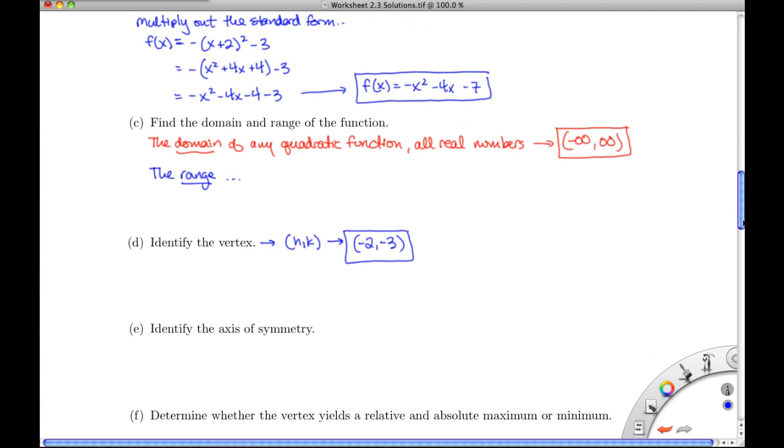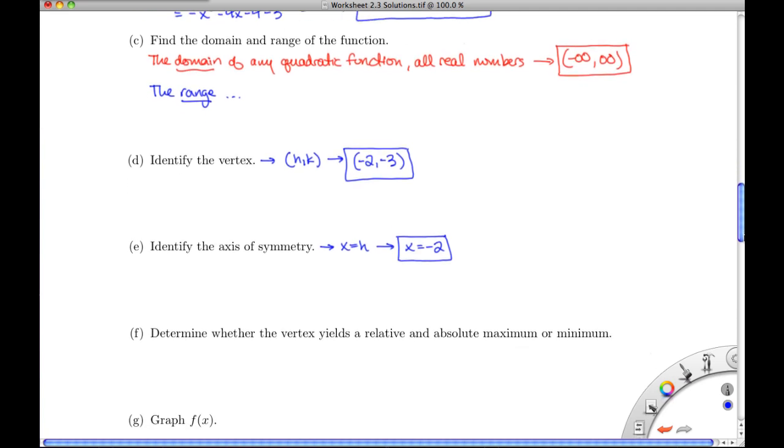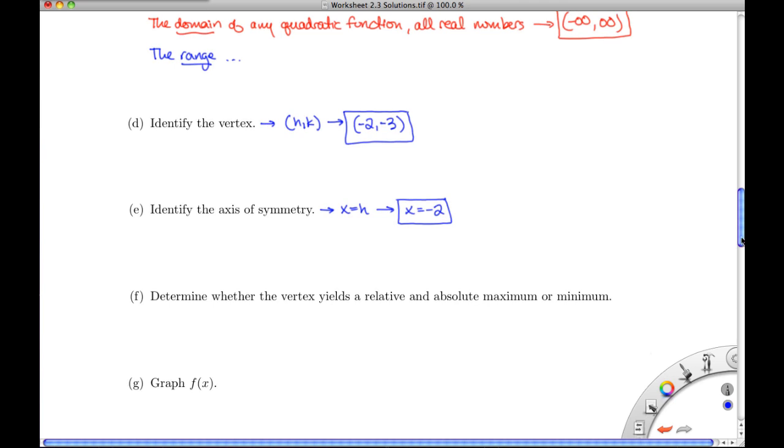And we also know that the axis of symmetry is the line x equals h. So in our case here, it's going to be the line x is equal to -2. By identifying the a, the k, and the h from the get-go, it made these problems a lot easier.